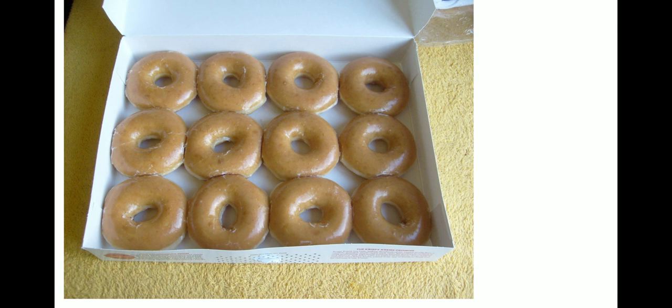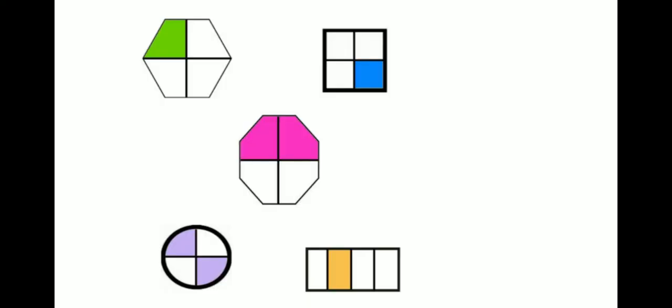If I brought them home to my family and we ate all 12, we ate the entire box of donuts, one whole. What would my fraction be? Did you guess 12 out of 12? Good job.